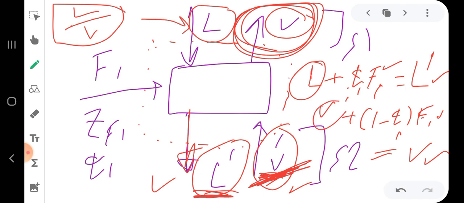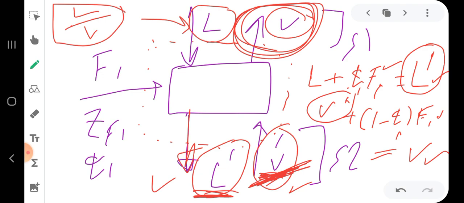Sorry, not this V, not this L, we can then know this L prime and V prime of the bottom section. Once we know them, we can get the slope of this section.